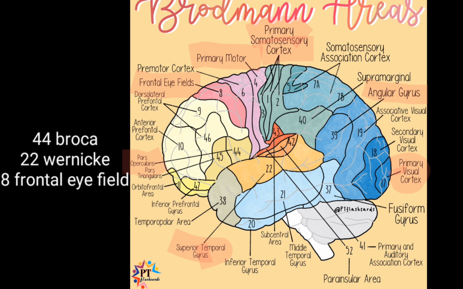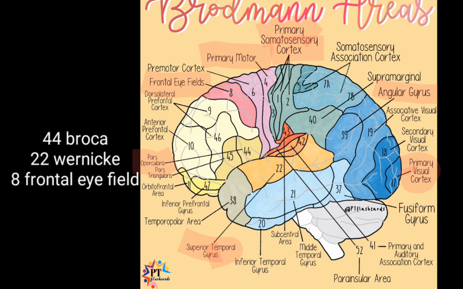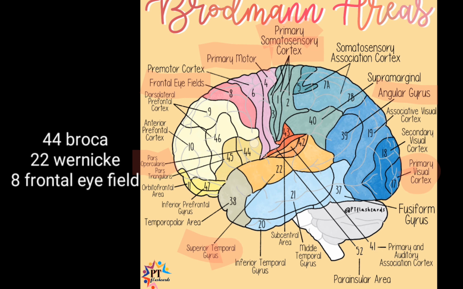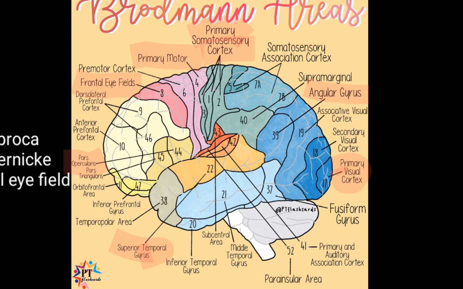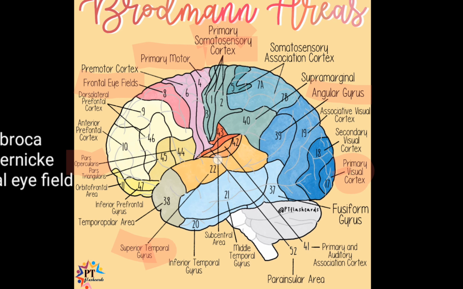Then we once again see the motor areas. Motor areas were 4, 6, 8, and along with that the motor speech area is 44. Then body sensation areas are 3, 1, 2, 5 and 7. After that we have 22 with speech, which is also sensory.